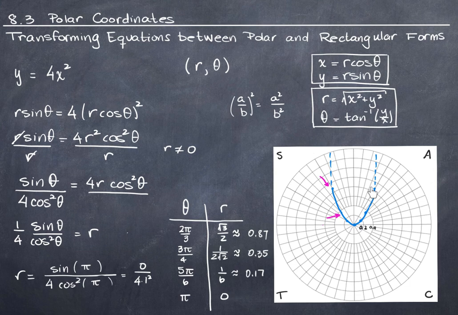The next angle guide line over is here, and that point is farther out. It's got a bigger radius. The next angle guide line over is here, and in fact, its point is so far out that it's off the chart. So this is what happens as you approach pi over 2, these numbers keep getting bigger.